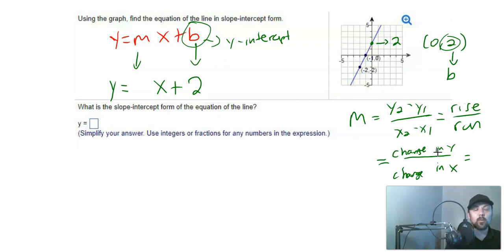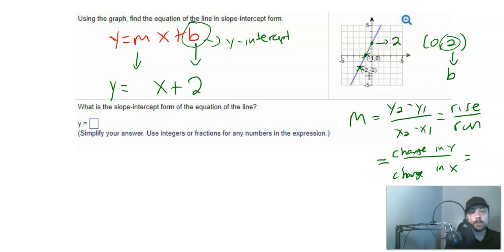It's what rise over run is referring to. And if you have a graph to look at, you might be able to figure out the rise and the run, the change in y and the change in x, by just looking at the graph. So pick 2 points. I'll use the 2 points they've marked for me, and then measure the vertical change. How much is it changing vertically between those 2 points? That's the rise.